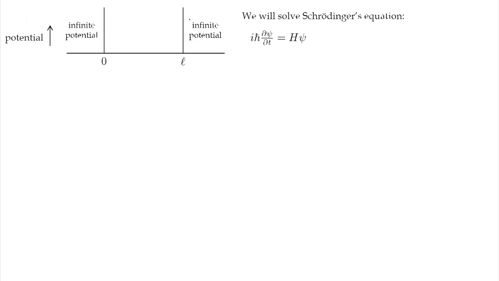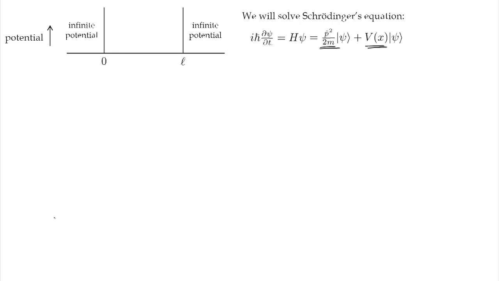So if you write down Schrödinger's equation, which looks like this, i h bar d psi by dt is H psi, then H would consist of the kinetic term, which is p hat squared over 2m, as we saw before, and then there would be this potential term, which would be 0 inside this segment and infinite outside.